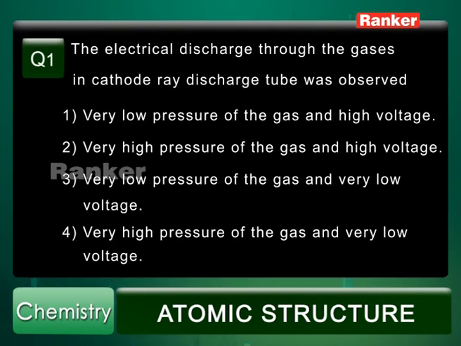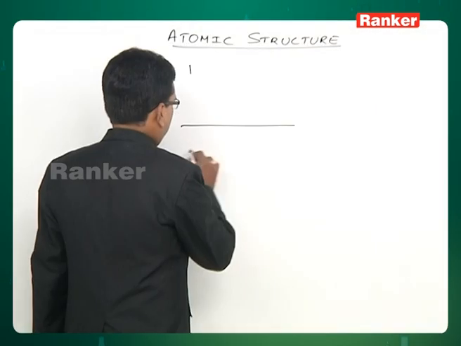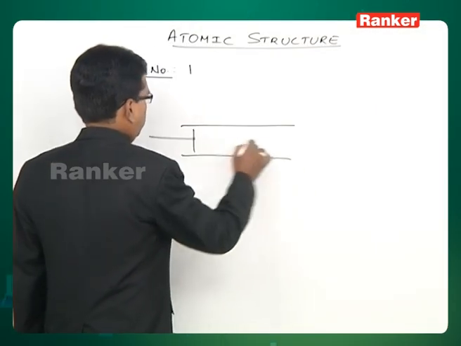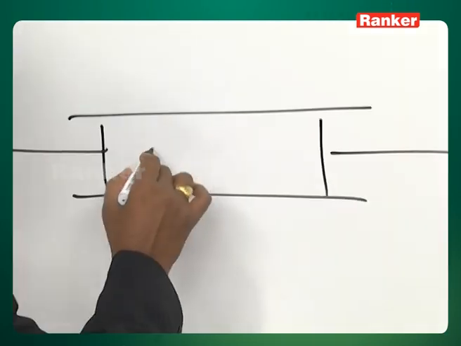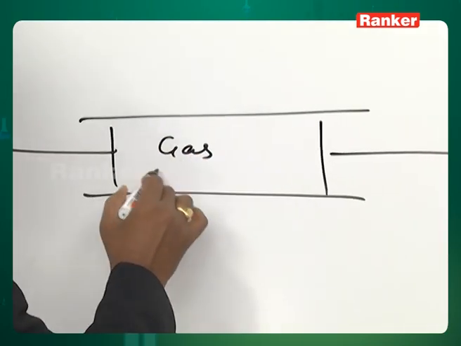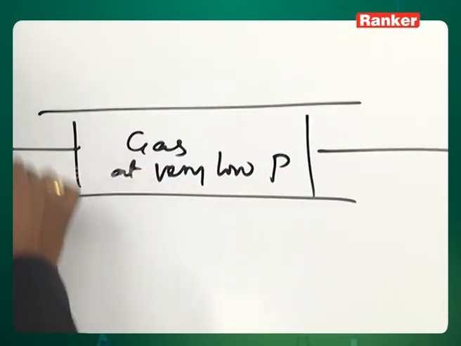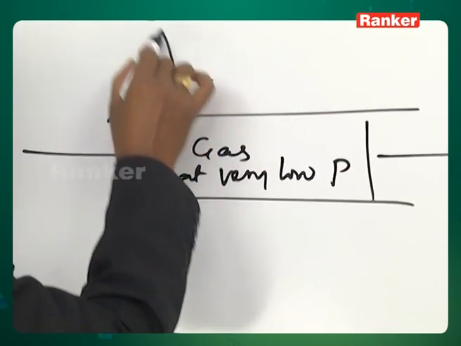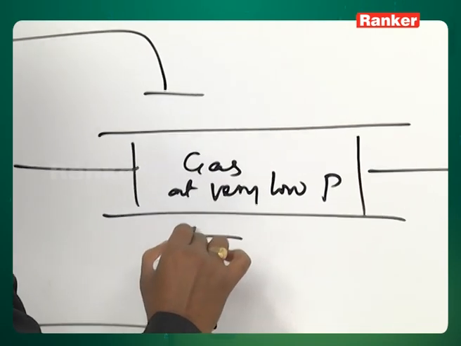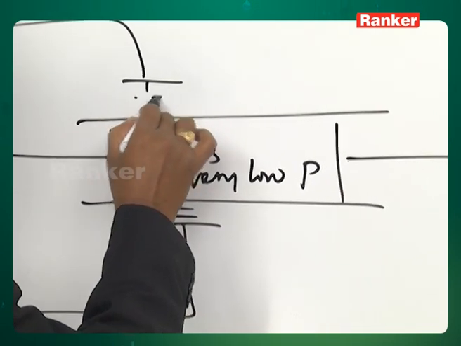The electric discharge through gases in a cathode ray discharge tube was observed in the discharge tube experiments. This is a discharge tube where gas is taken at a very low pressure and applied to a high voltage.